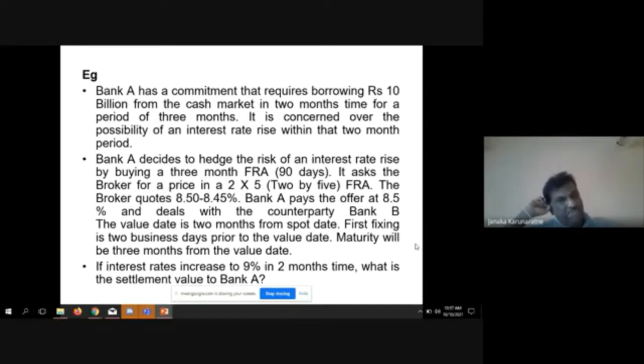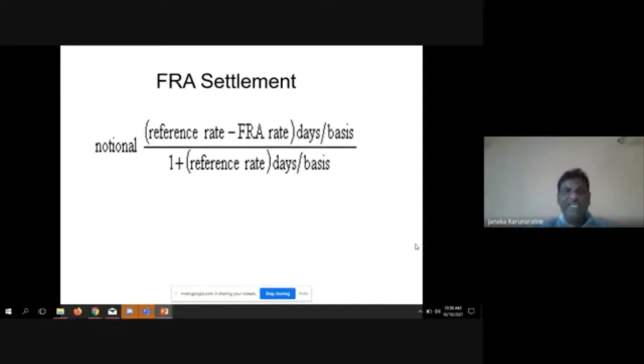Now let's say you agree to settle with the seller for this particular loan at 8.5%, the quote provided. Let's say in 2 months' time the market interest rate is 9%. So what is the settlement value to bank A?